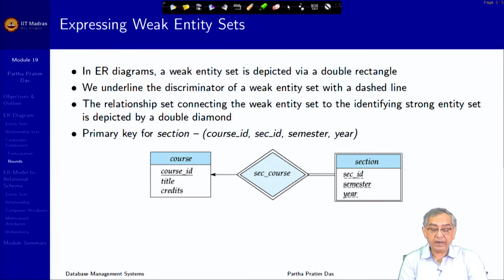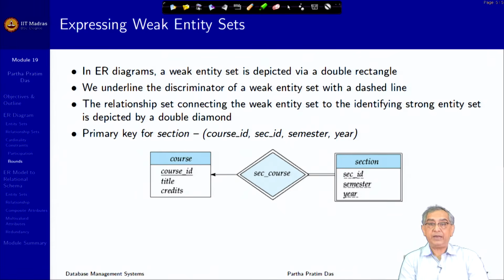See, course has a single line boundary, section has a double line boundary. That double line boundary says section is a weak entity set. That immediately means that section must be associated with some strong entity set through a relationship. That relationship is sec course, which links a weak entity set to a strong entity set.